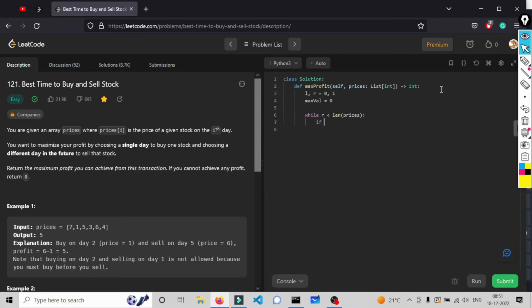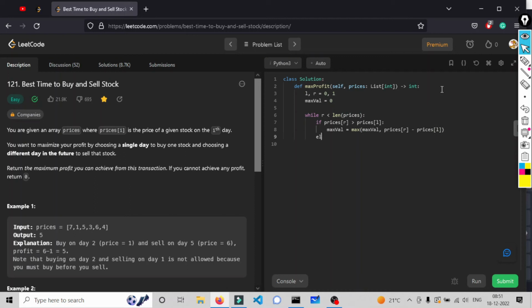Now we will check if prices of right is greater than prices of left. If it is true, then we find max val equal to the maximum of max val comma prices of right minus prices of left.